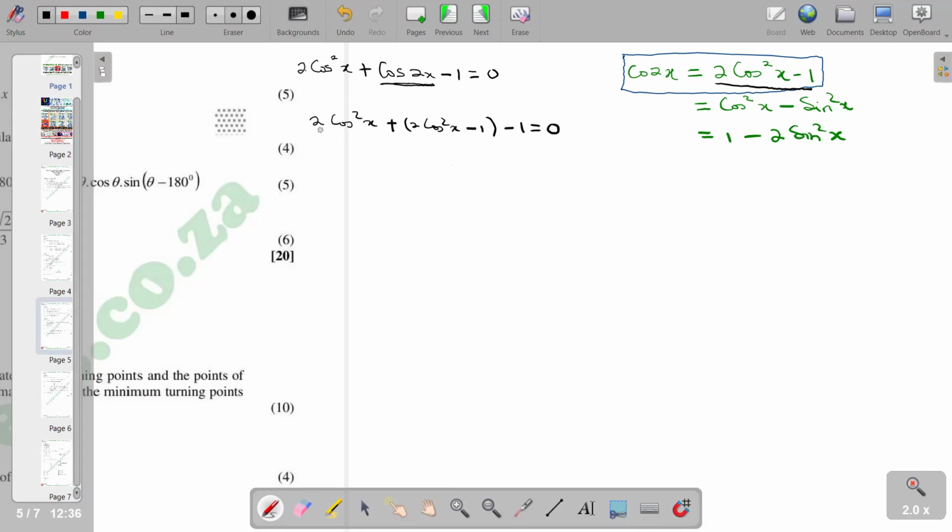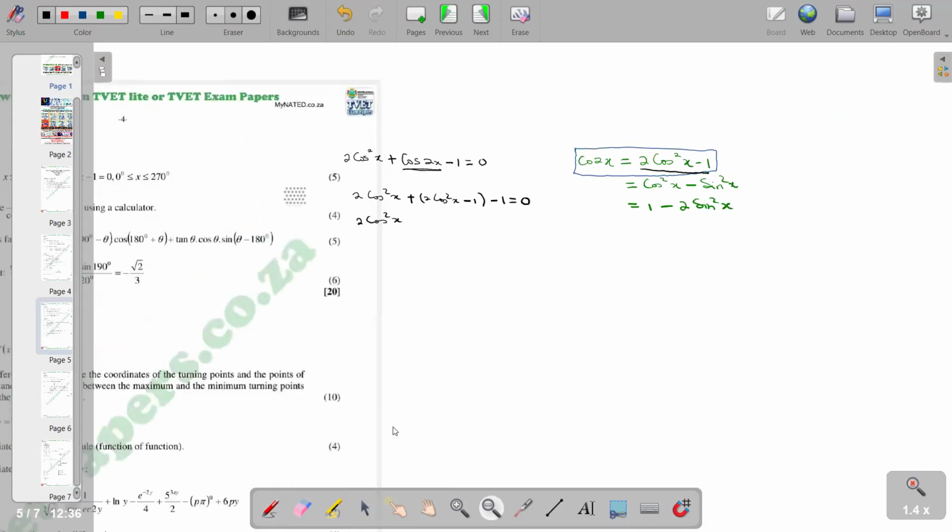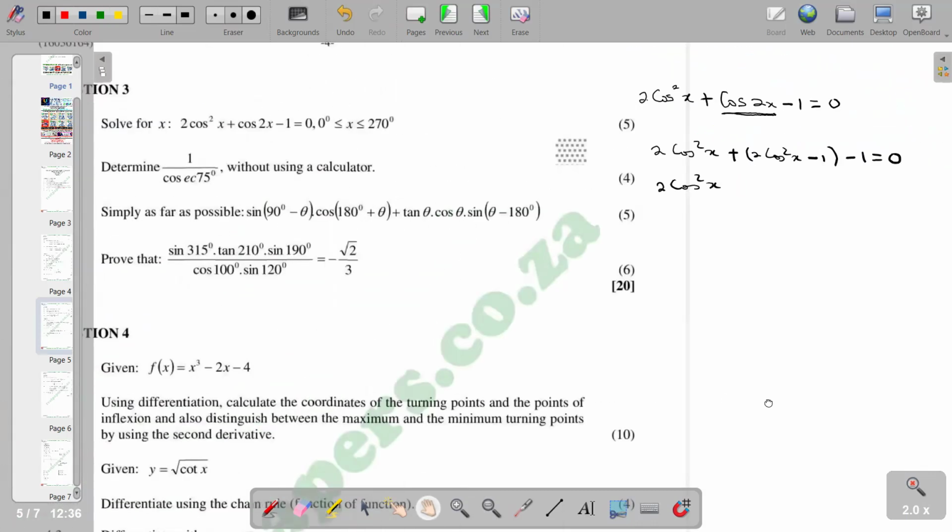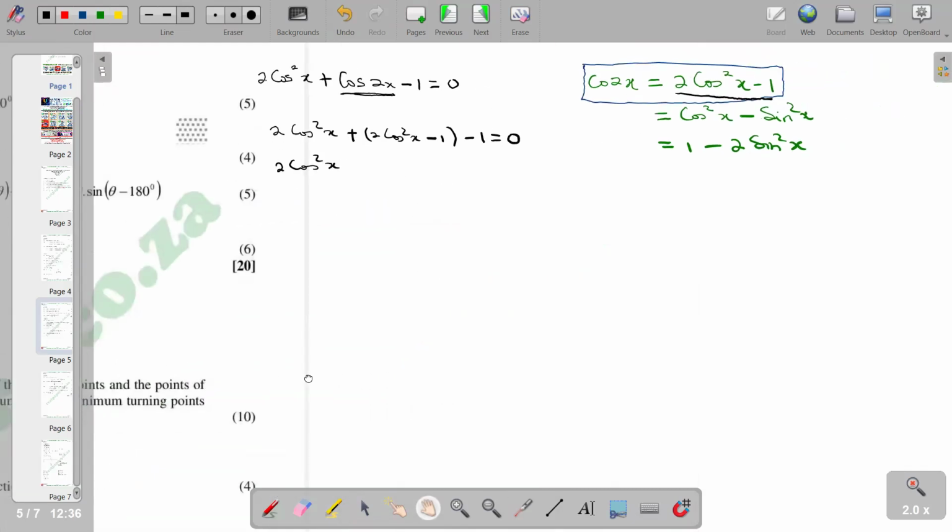Simplify there. It means we are going to have 2 cos squared x plus, take note, this is question 3.1.